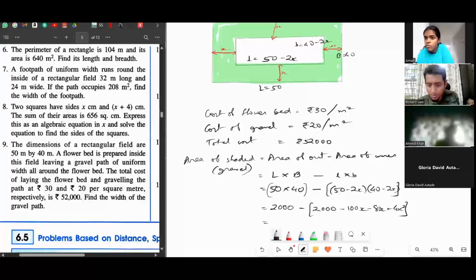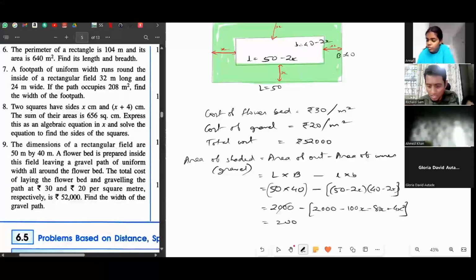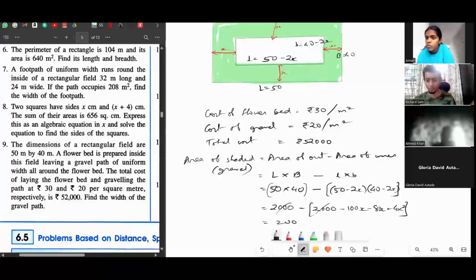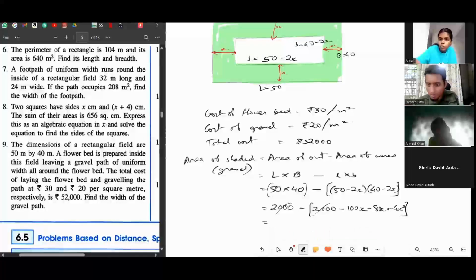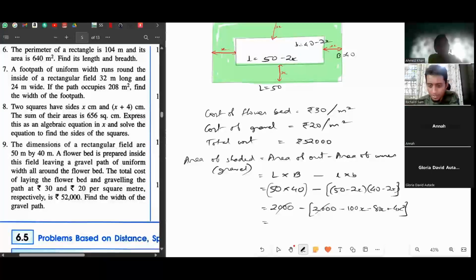Okay, so next step. Remove the bracket. So that's 2000 minus 2000, which will become 0 anyway, so I won't write that. What's remaining? Minus 100x, which will become plus 100x.